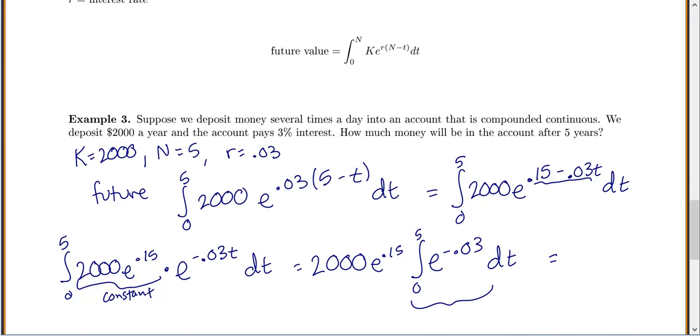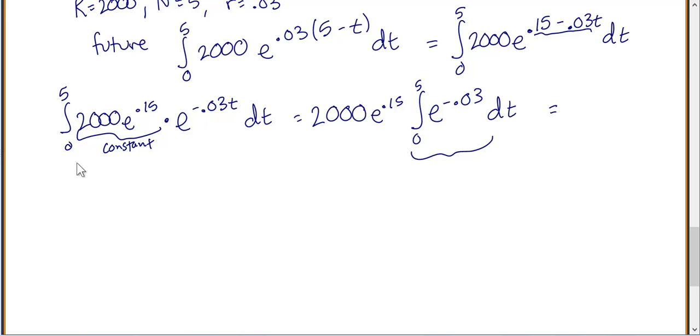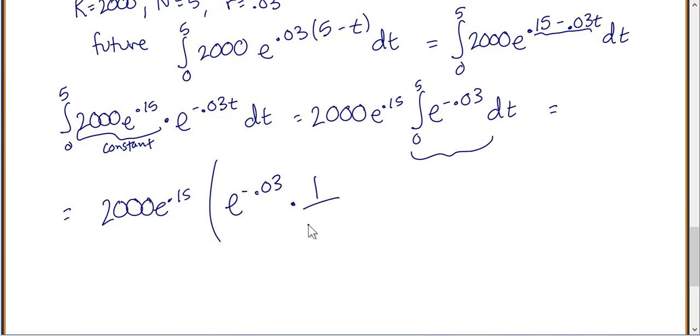So if I integrate it all, I'm still going to have this 2,000 e to the 0.15 here. Now when I integrate, e to the negative 0.03 t will stay e to the negative 0.03 t, but then I have to multiply it by 1 over negative 0.03.